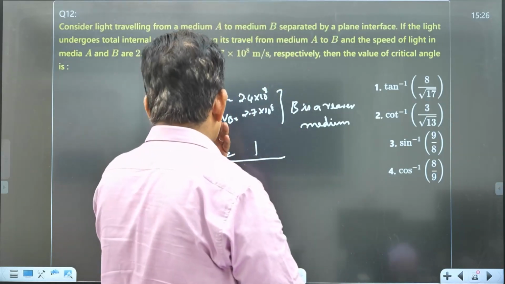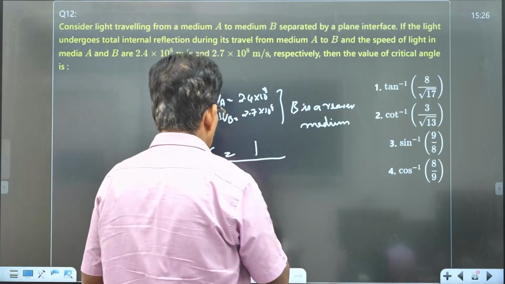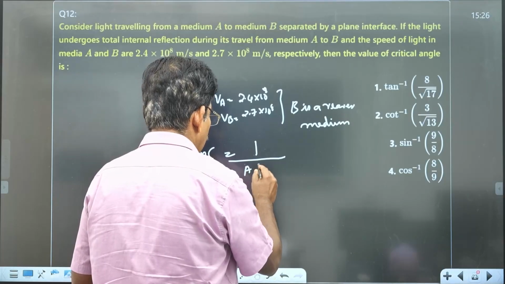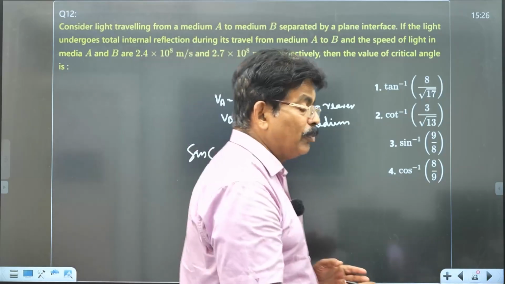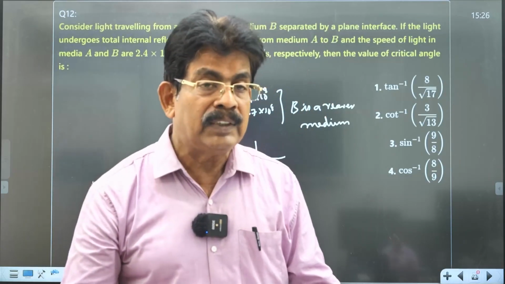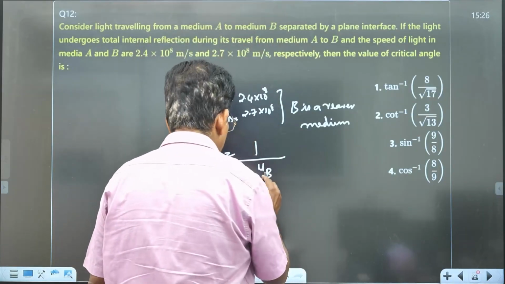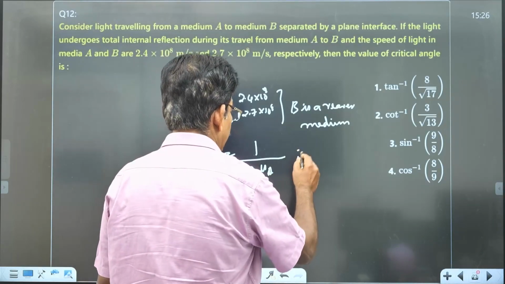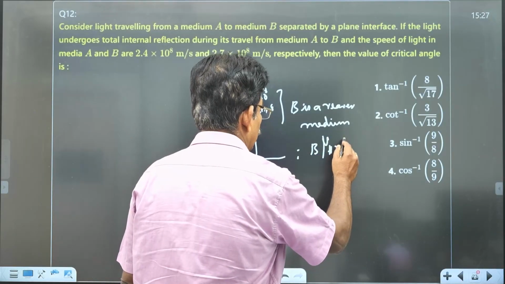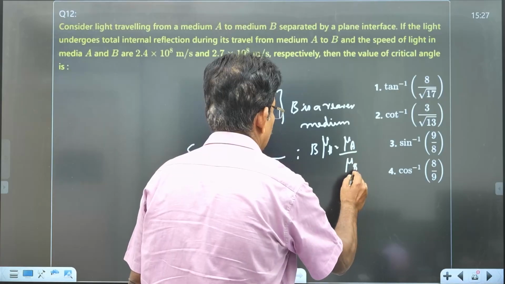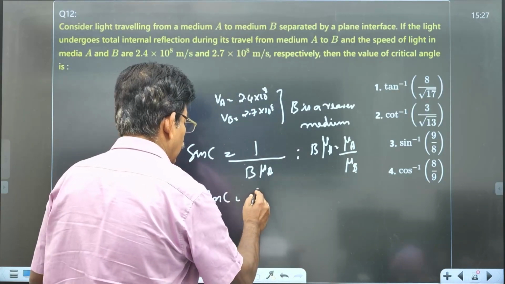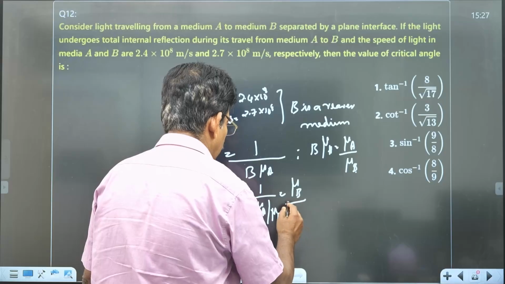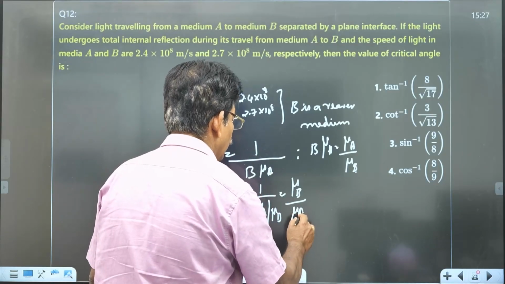So that will be the refractive index of, A is a denser medium, B is a rarer medium, so we have to write it as B mu A. And we know B mu A is equal to mu A by mu B. Therefore, sin C is equal to 1 by mu A by mu B. That comes to be mu B by mu A.